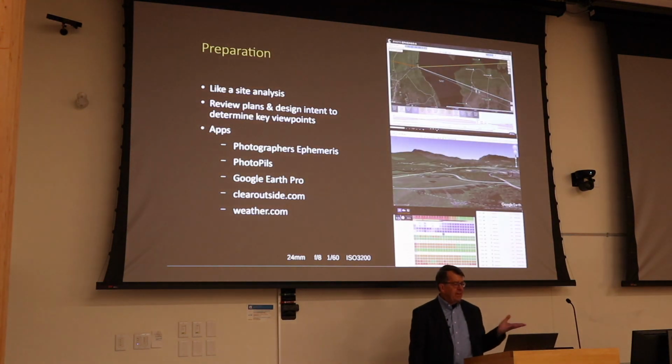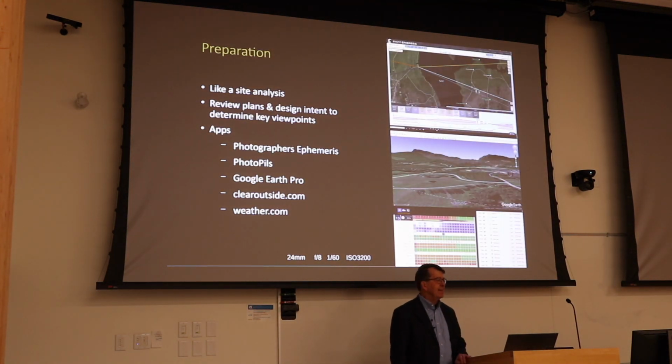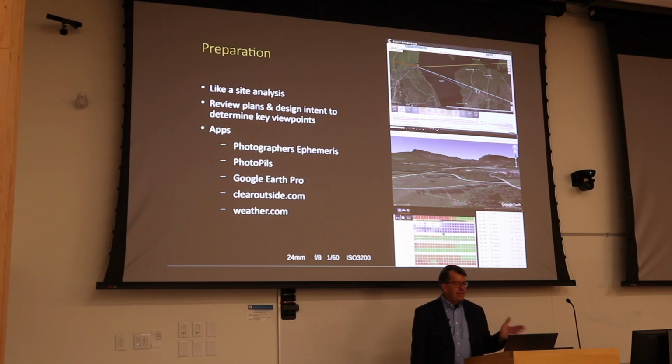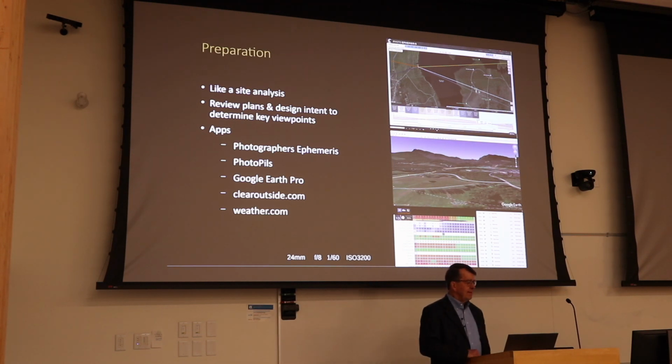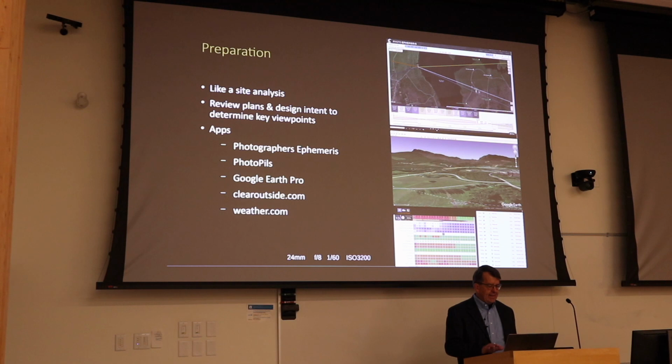So preparation, essentially it's site analysis. So the things you're familiar with looking at a raw site, and so what I will do is review the plans once the designer has already completed the project, and then talk to them about their design intent to just understand what it is that they were trying to achieve and where I should take photos to document that design intent.